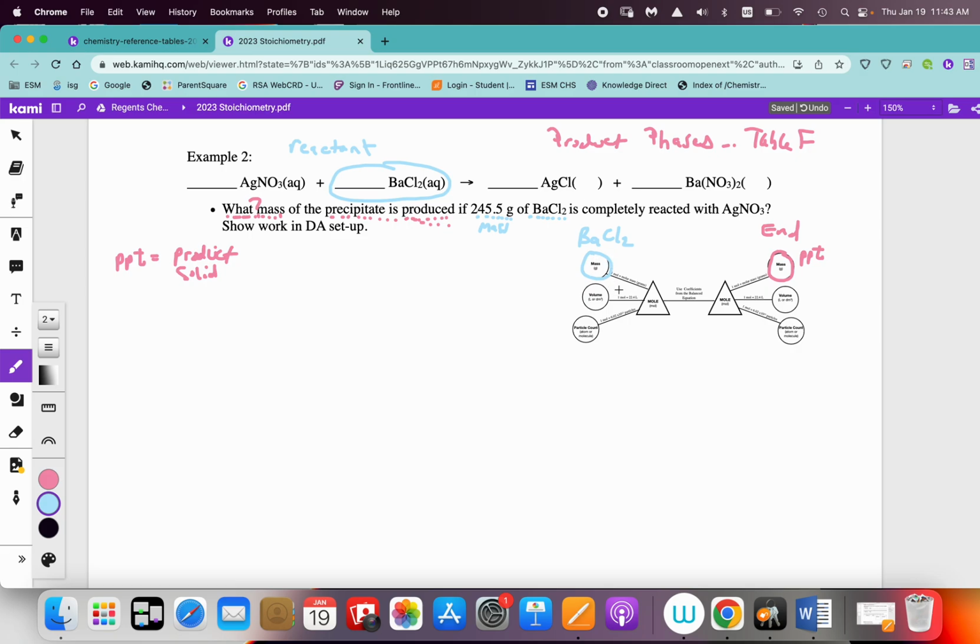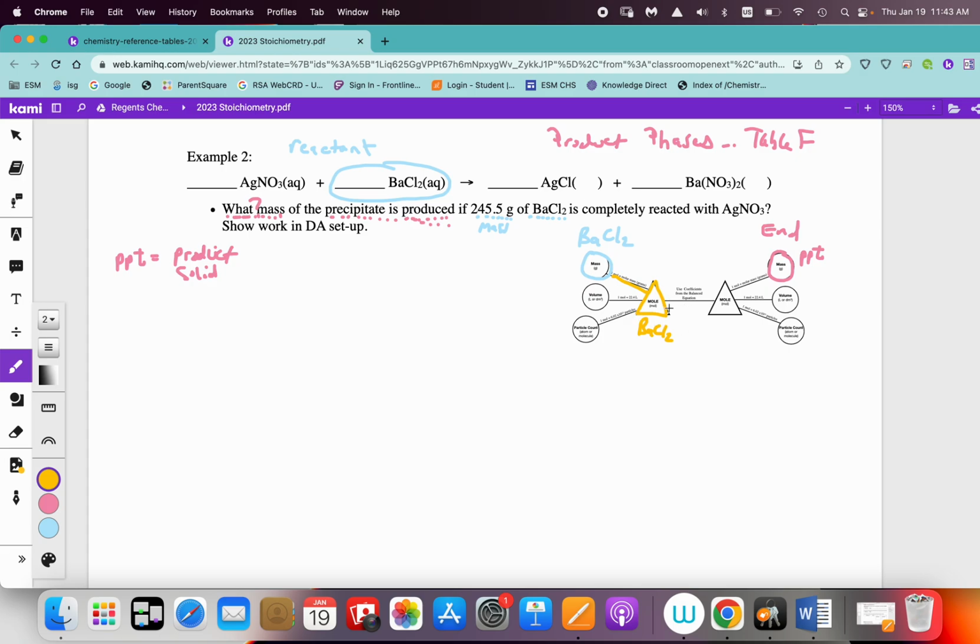To get all the way from the mass of barium chloride, one of the reactants, to the mass of the precipitate, which is one of these two products, I'm going to figure out my pathway. I have to go from the mass of barium chloride. The only thing I can change it into would be moles of the barium chloride.